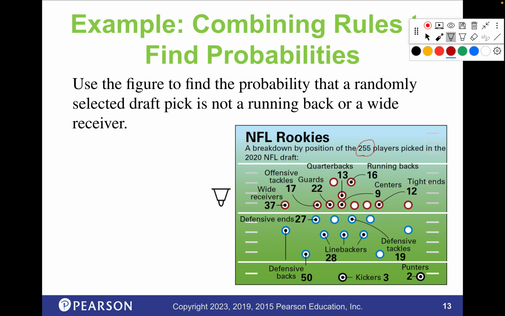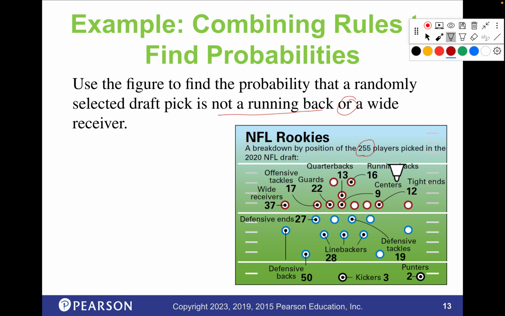So together, the probability that a randomly selected draft pick is not a running back or a wide receiver. Now, are there any draft picks that were both a running back and a wide receiver?